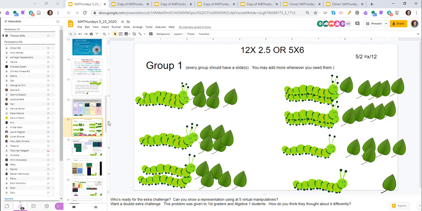So on slide 17, I want you in your minds to think, how might this look like a table or a T-chart? How might I take this and flip it into a table or a T-chart?